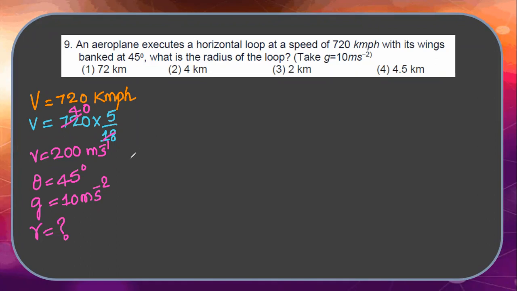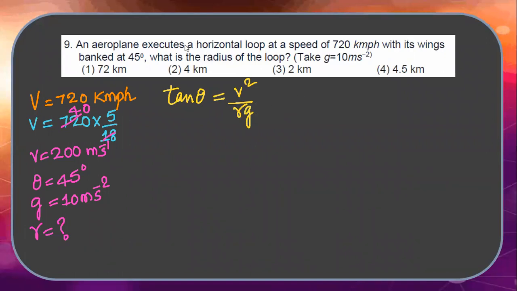Banking, angle of banking, the formula when we take angle of banking, tan theta is equal to V square divided by RG. V square divided by RG. R for radius of the circular path.